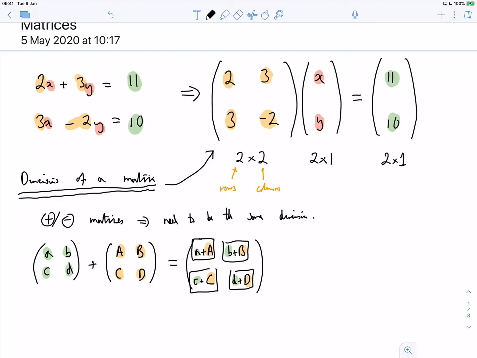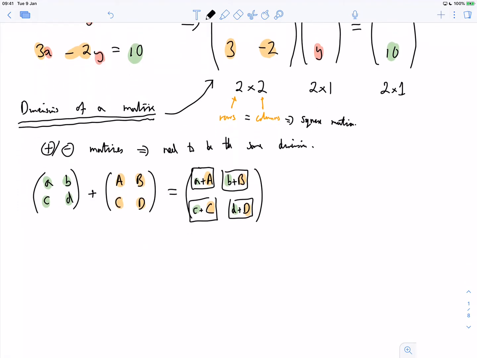When the rows and columns equal each other, this is called a square matrix. And the other ones are either non-square or rectangular matrices. It's up to you how you want to define them.